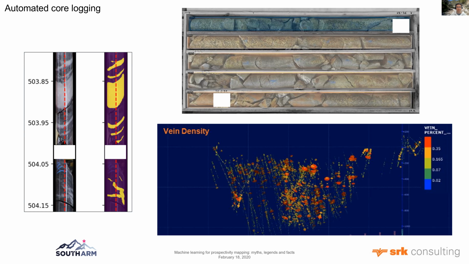Giorgio Sadorato asks, is it possible to have the same model, such as the SEDEX you showed, for other models? I guess the question was, if you train a model on a deposit somewhere, can you apply it somewhere else?